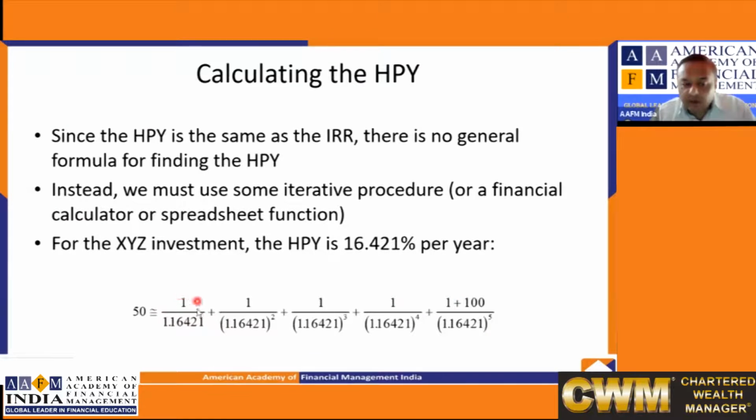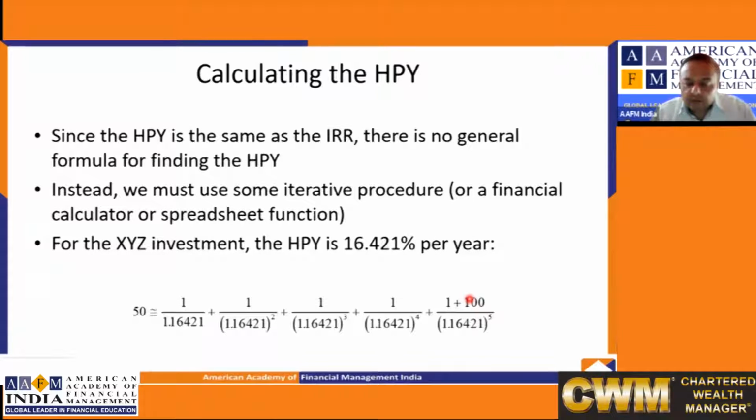This 1 rupee which I got after 1 year, the second 1 rupee was reinvested at 16.42% for the next, say, 3 years, this one for 2 years, and this one for 1 year. So it is assuming that, right?